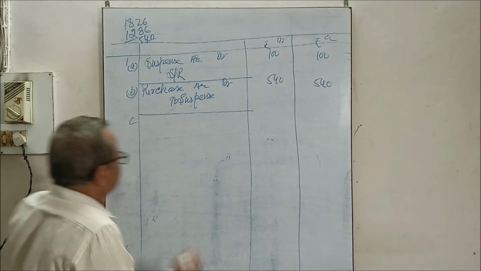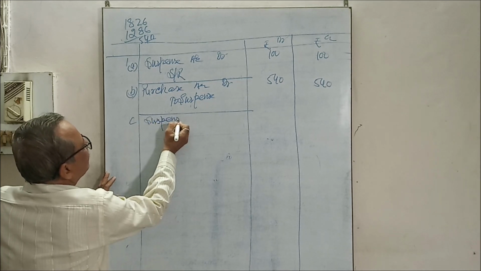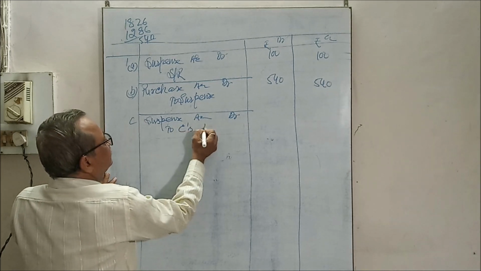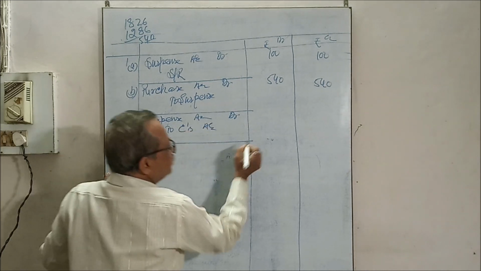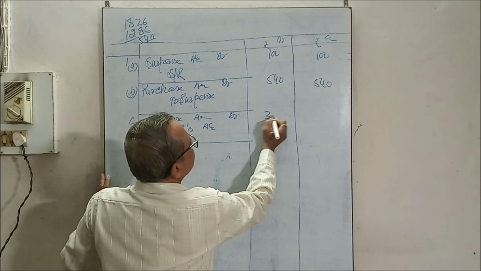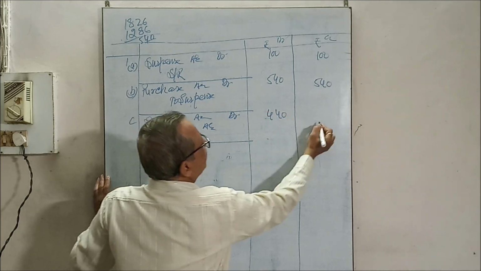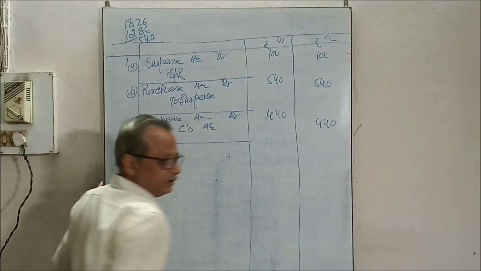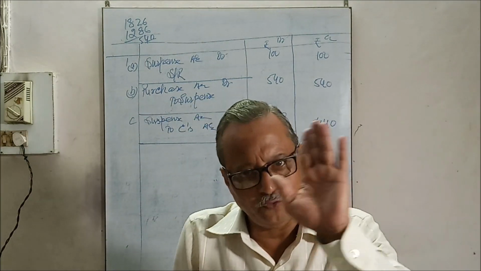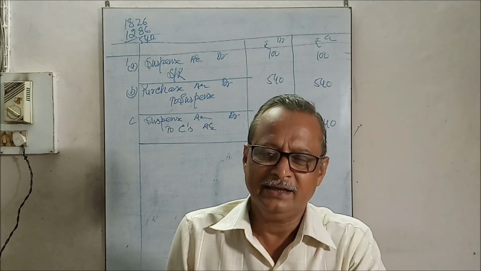Now see here, suspense account debit to C's account, 440. The amount to be credited in C's account was 400, but wrongly it was debited with 40.